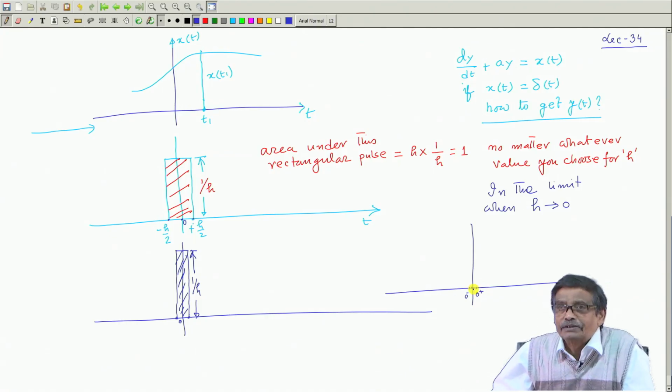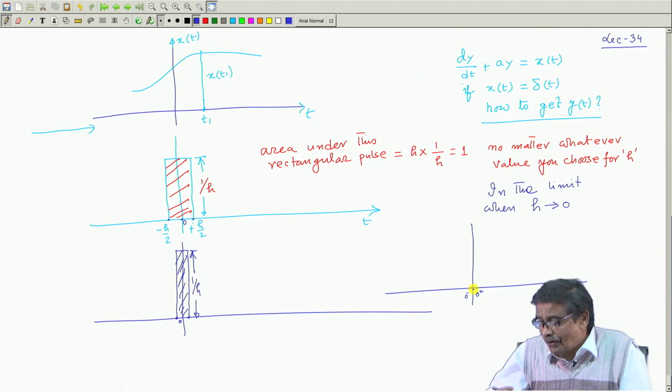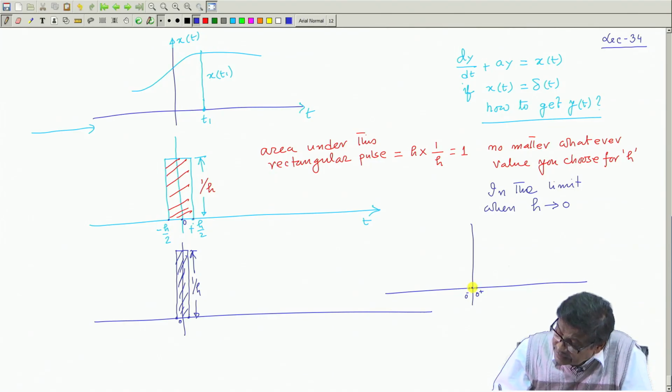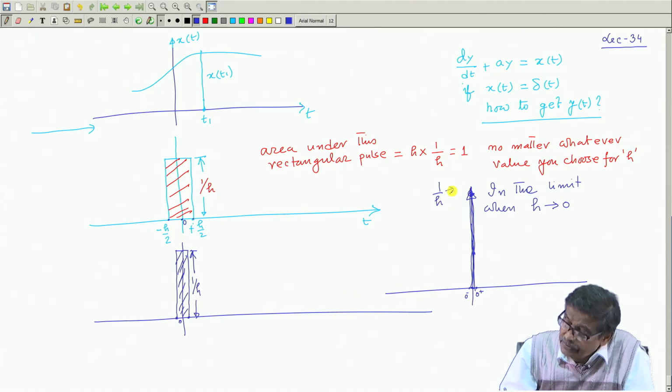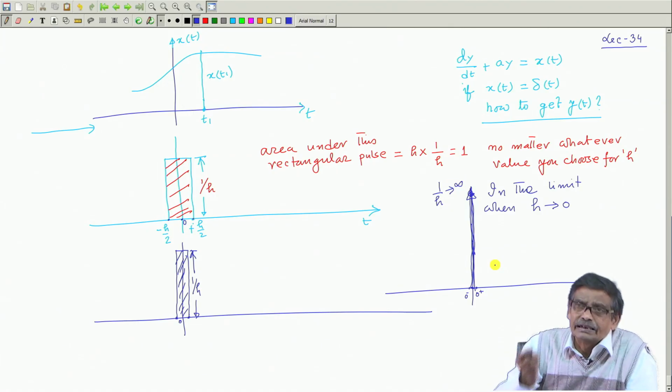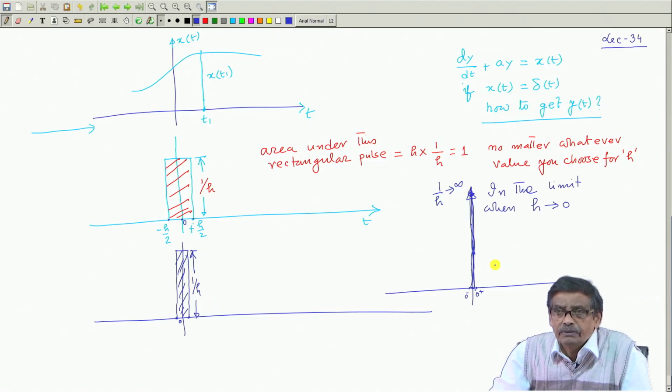Imagination does not prevent us from thinking of as small a number as we please. Under that condition, 1 by h will rise to infinity, but still that rectangular strip will be there and the area under the curve will be 1.